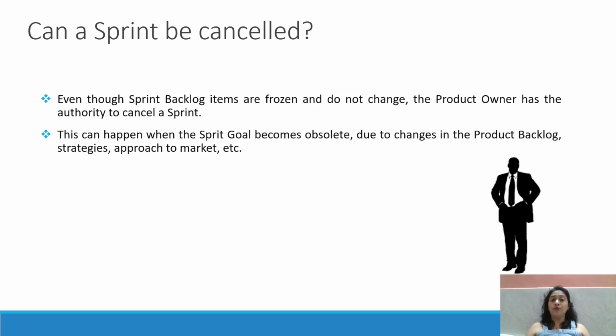This can happen when the sprint goal becomes obsolete due to changes in the product backlog, strategies, approaches to the market, and so many things. If the market changes, or the technology changes and the product is not valuable for the users, then we are going to change our sprint goal, and at that time the product owner is going to cancel that sprint.